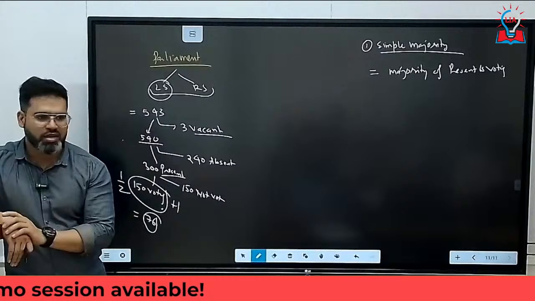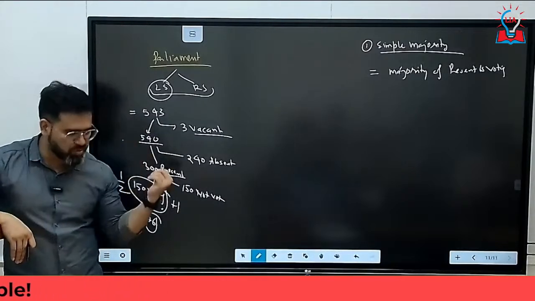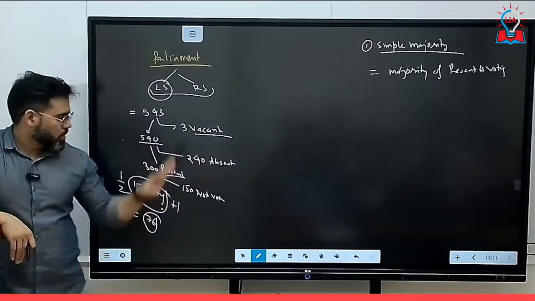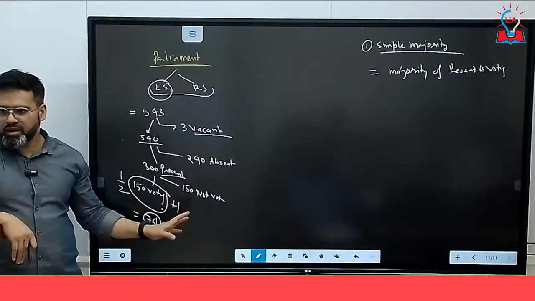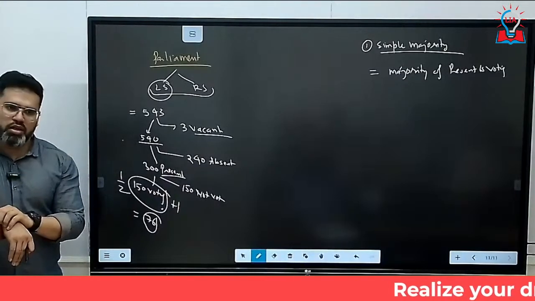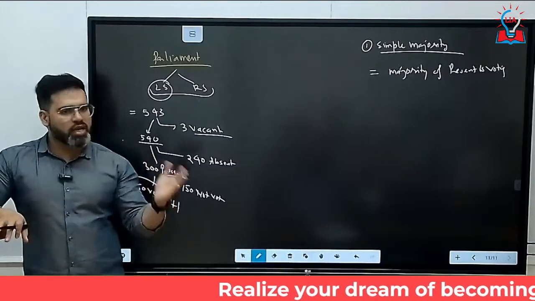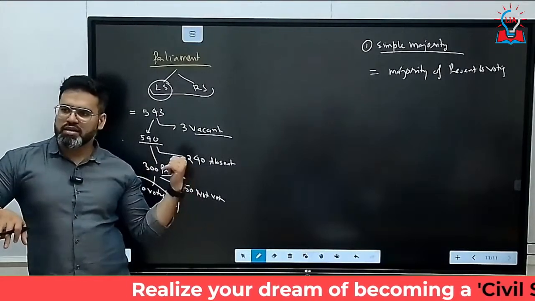Correct? So we would be able to hijack the constitution by this method. That is the reason by this method we do not amend the constitution, we pass an ordinary law. Ordinary law means other than constitution, whatever work we do other than the constitution is through this majority only.